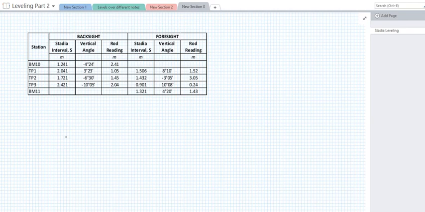So if you will try to plot BM10, let's say this is benchmark 10.